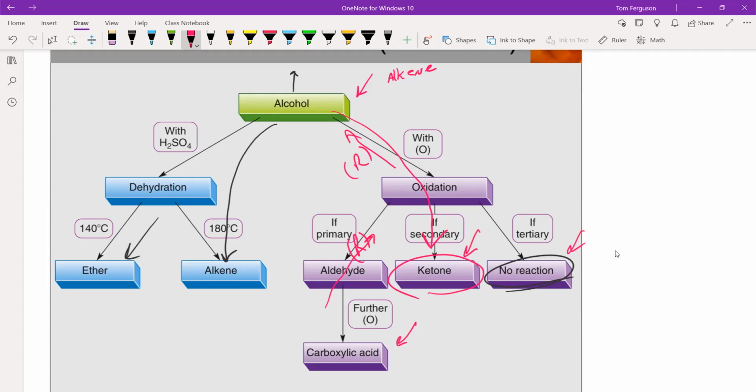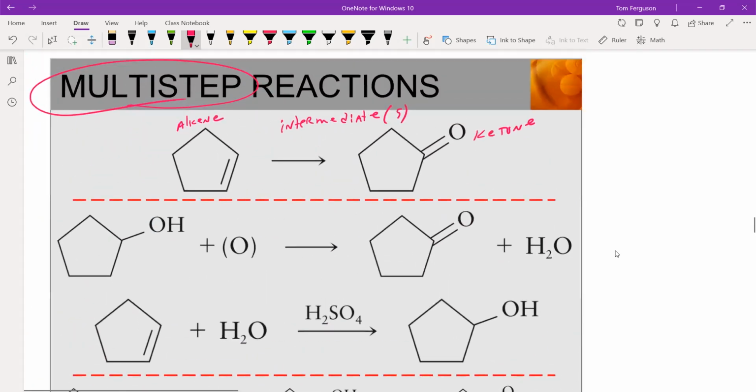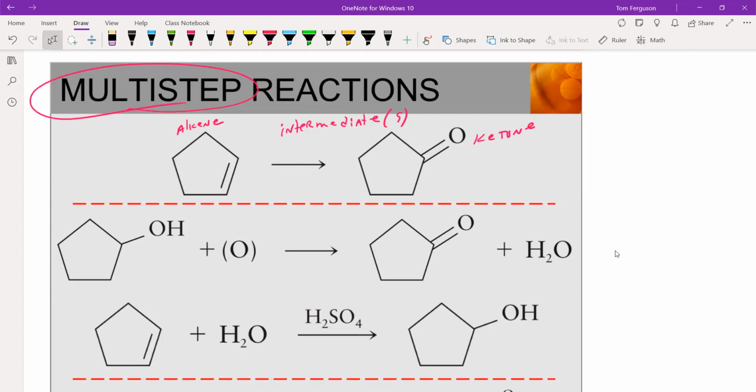So the intermediate step then is the alcohol. So we're going alcohol, oxidize the ketone. To get the alcohol, we add water and an acid to the alkene, and we'll end up with the alcohol. And the alcohol will then go through further oxidation down to the ketone. That's what we're going to do here. So the intermediate now is an alcohol.